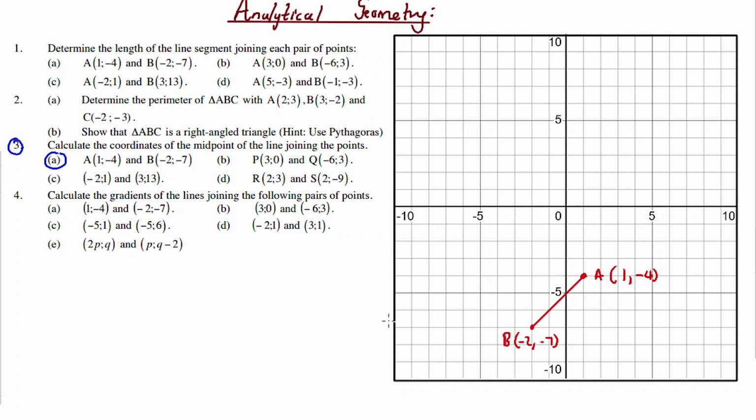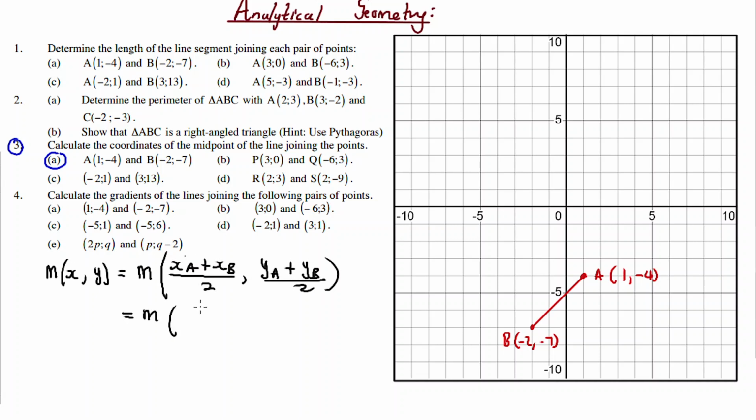So we have to calculate what? The midpoint. So the midpoint with coordinates x and y is equal to (XA plus XB over 2, YA plus YB over 2).